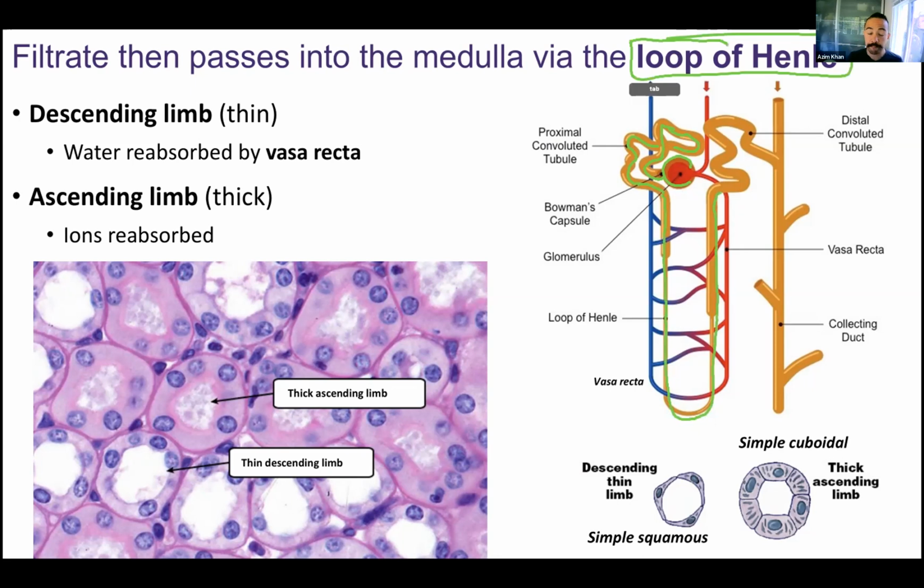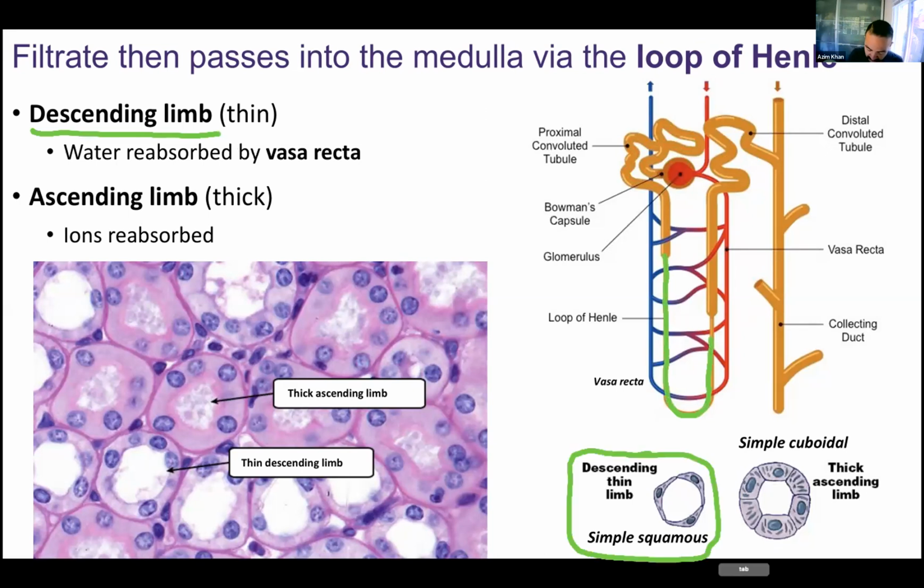We can divide the loop of Henle into two parts. One part is the part that dips down. This is called the descending limb. It's descending because the filtrate is going down and deeper into the medulla. This part can be distinguished because it has simple squamous epithelium.